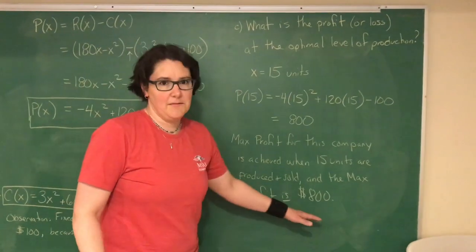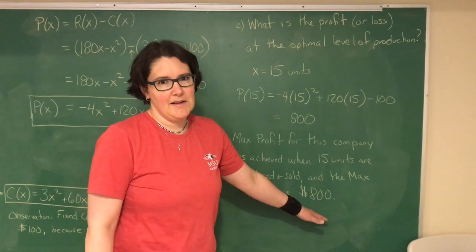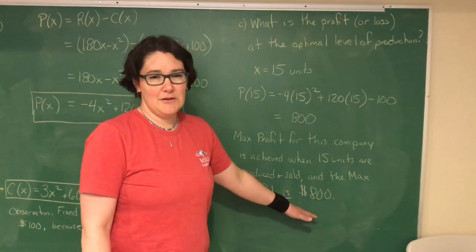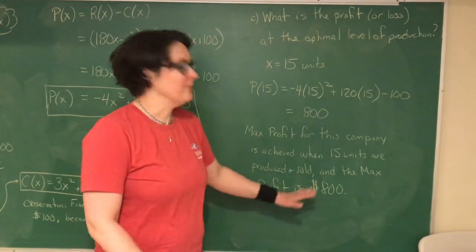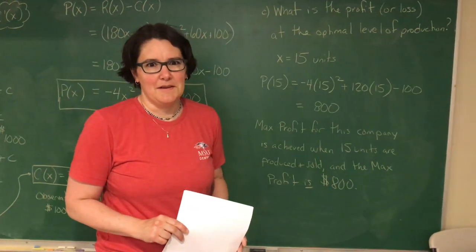Now, that's not a very impressive number right there. So this is not going to be a company that's going to do that well if their maximum possible profit is $800. But hopefully you get the idea.